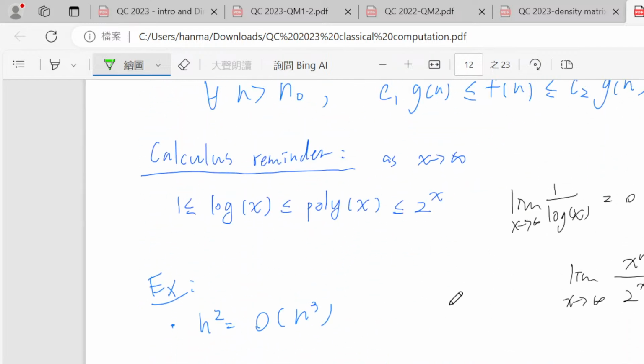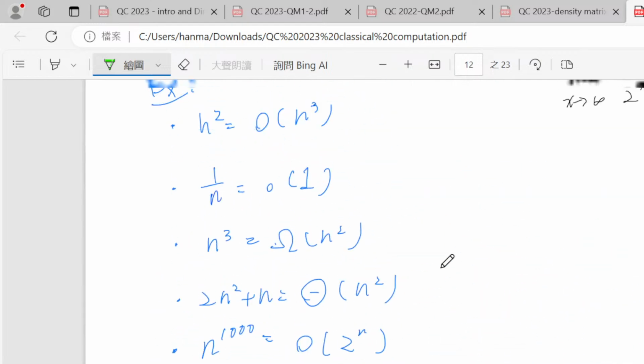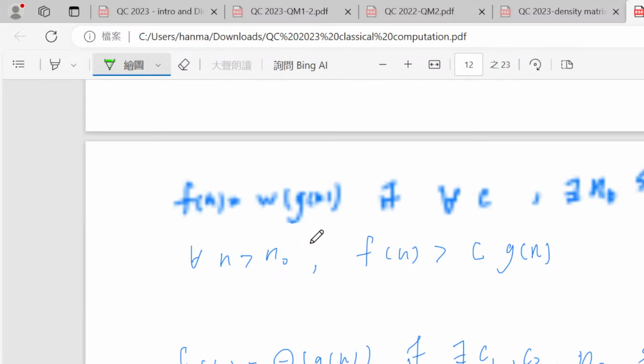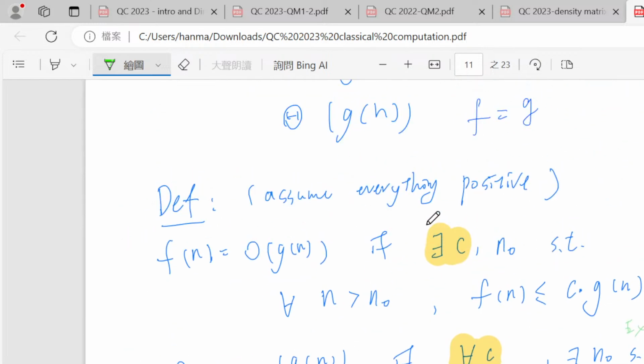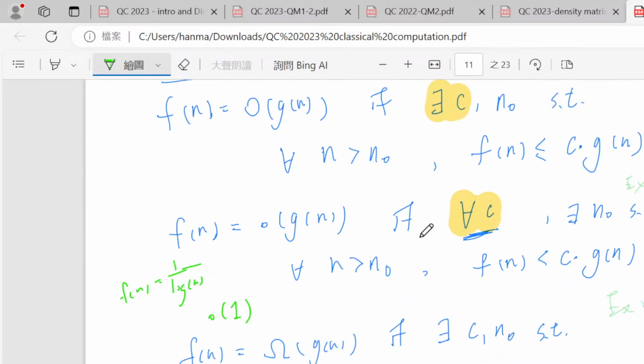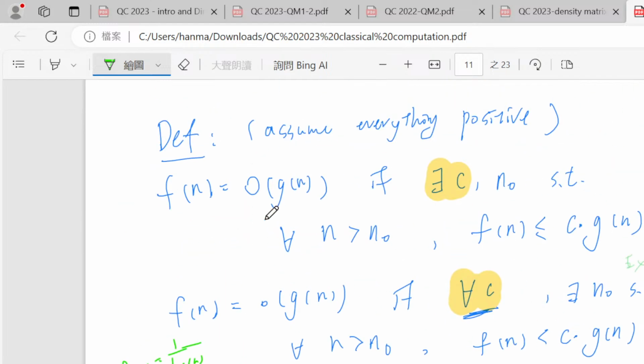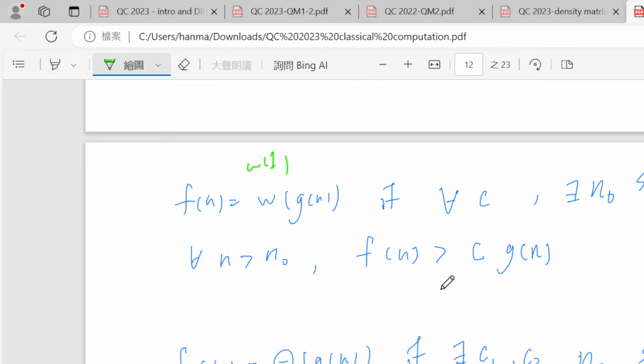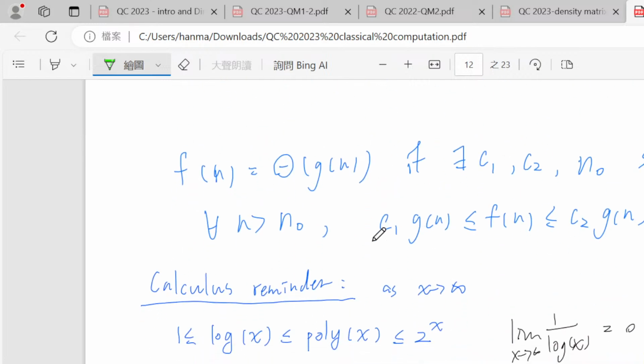Let's go to a cheat sheet about this. We have a very technical definition here, but when we try to determine the big O, big omega, or big theta, you can just do it by eyeball by knowing this relationship.